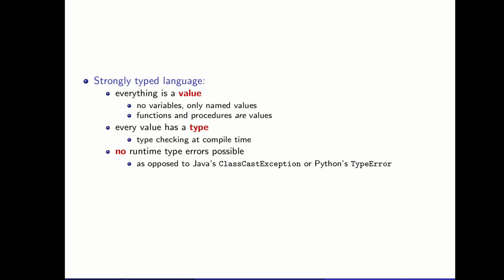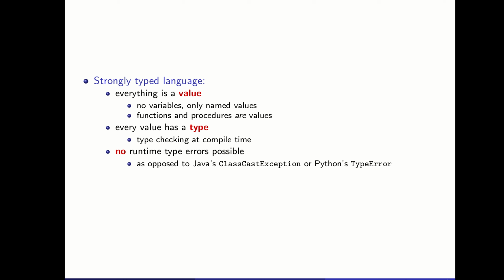You sometimes can specify the type up front, but typically you don't specify the type. You just say x plus 3, and the system knows what types are allowed to have plus 3 done with them, and it will infer the type for x based on that.